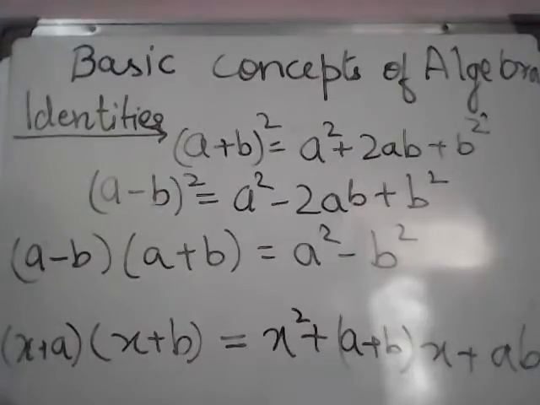Just write these identities. The first identity is a plus b whole square, which is equal to a square plus 2ab plus b square.